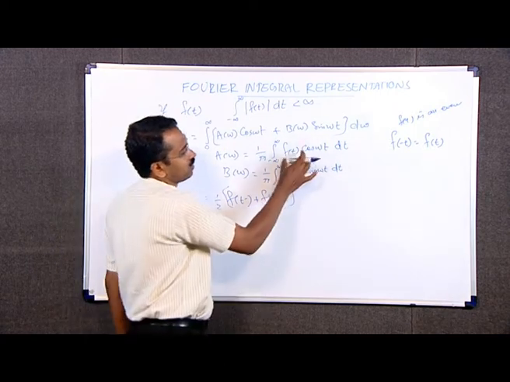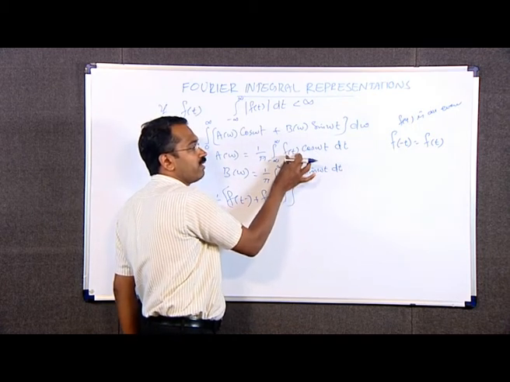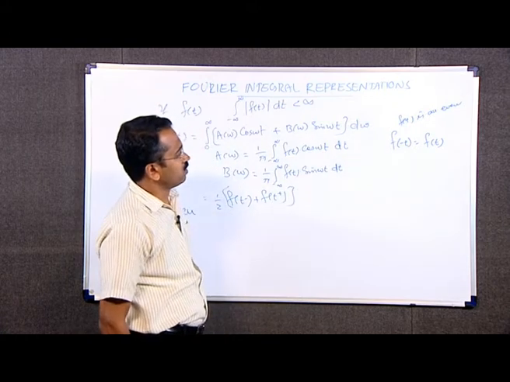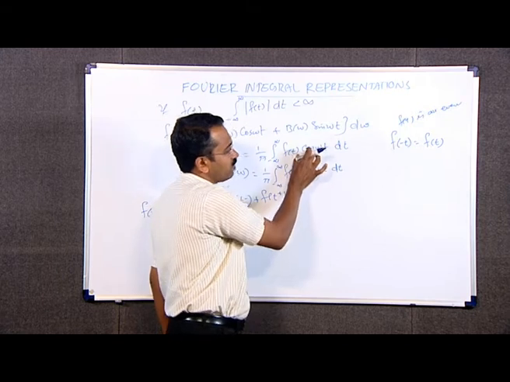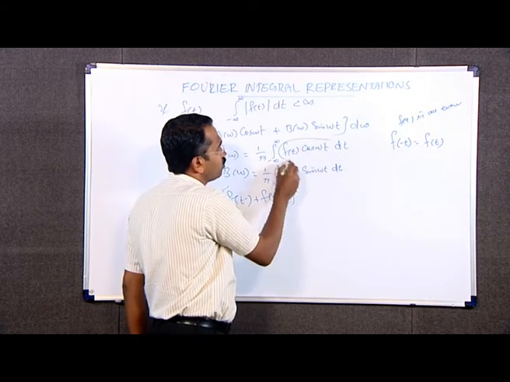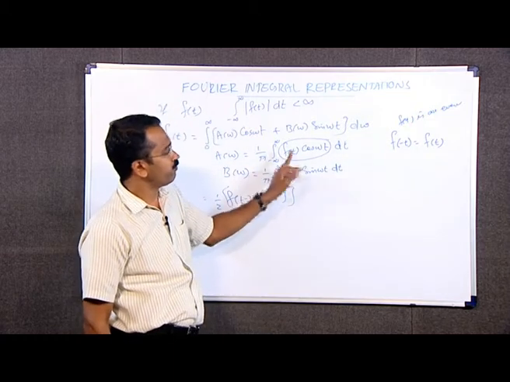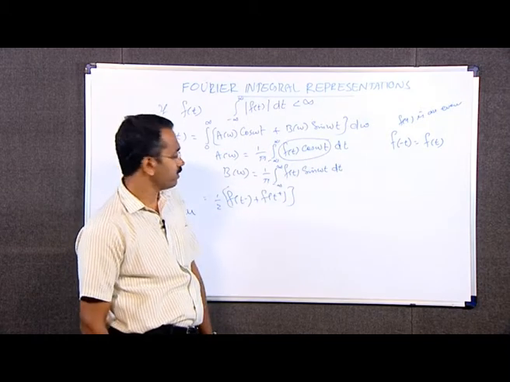Therefore, this integrand will become an even function into an even function, which will become even, that is, f of t into cos omega t is even if f of t is an even function, because cos omega t is always even.